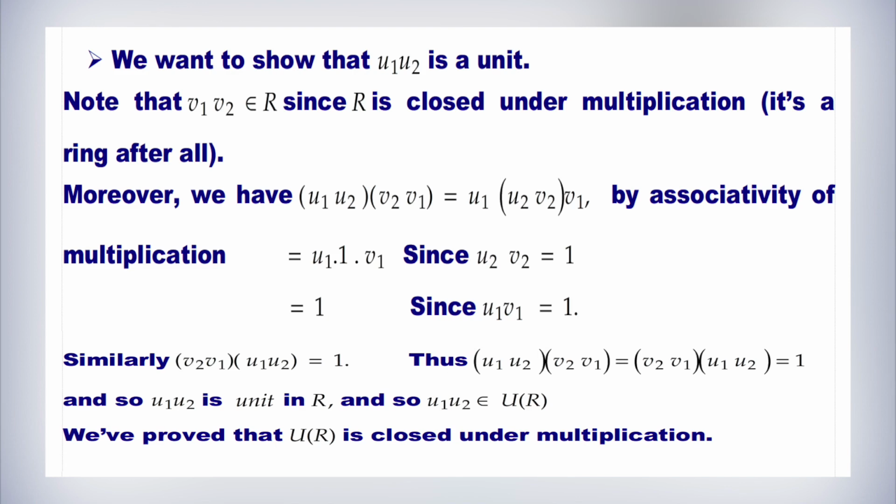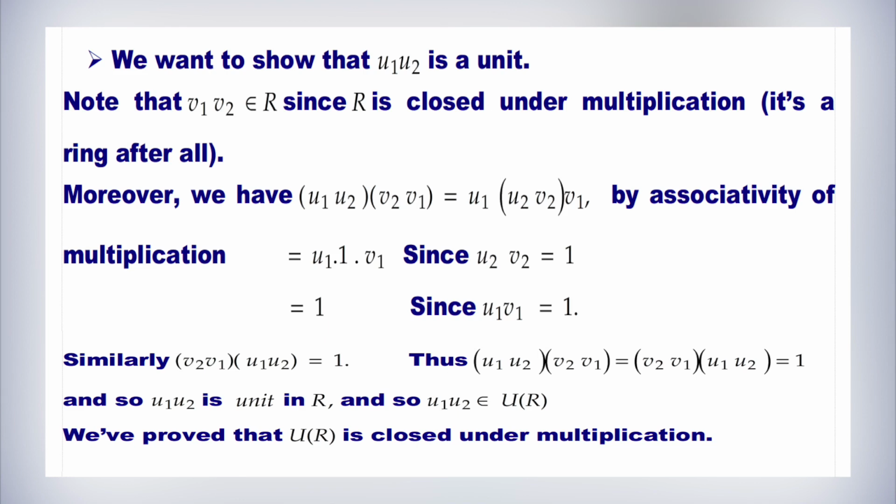Moreover, we have u1 u2 · v2 v1 = u1 (u2 v2) v1 by associativity of multiplication. That is equal to u1 · 1 · v1 since u2 v2 = 1. That is equal to 1 since u1 v1 = 1.